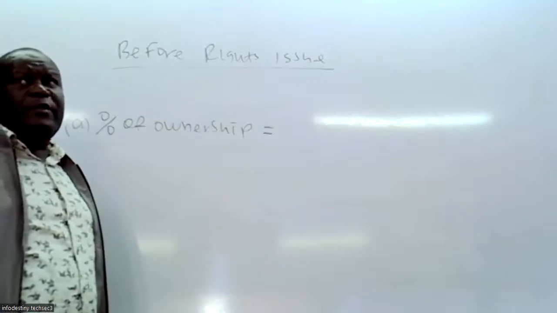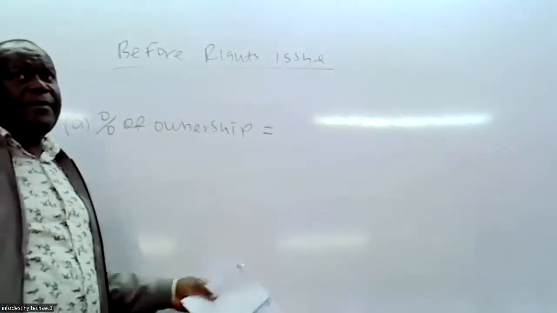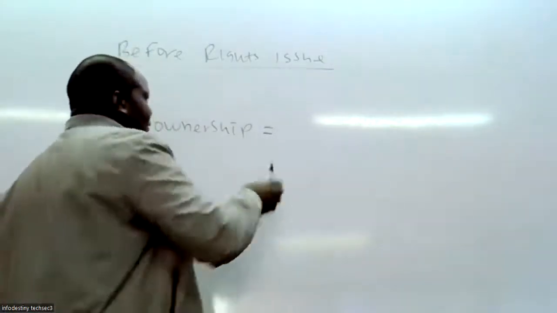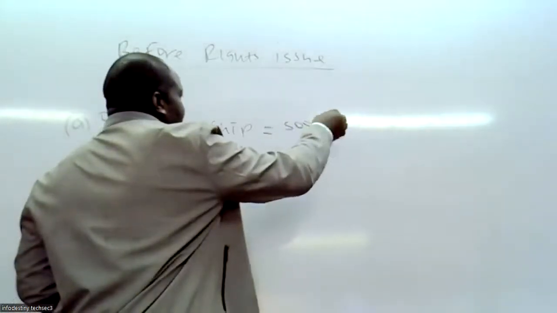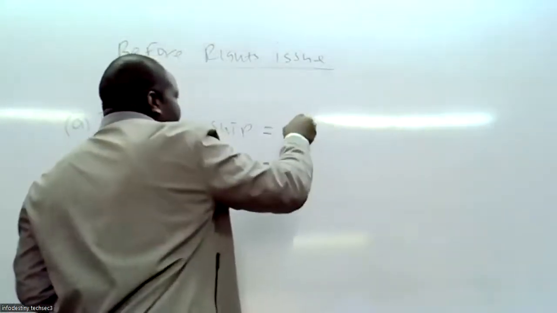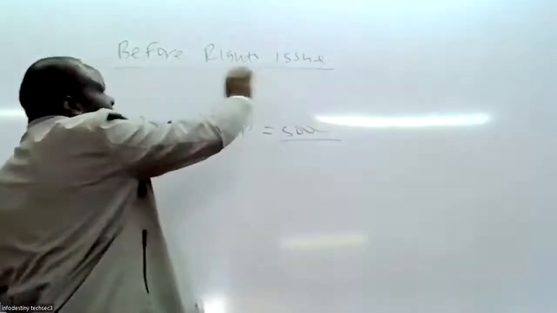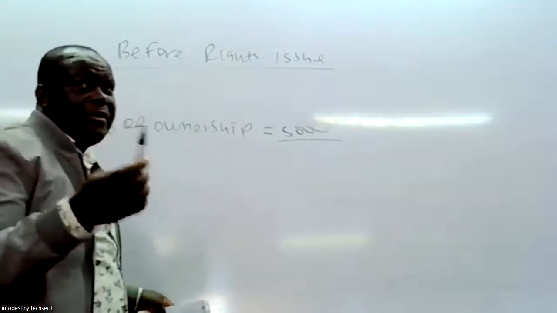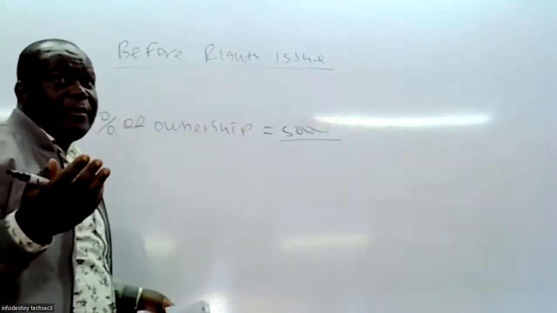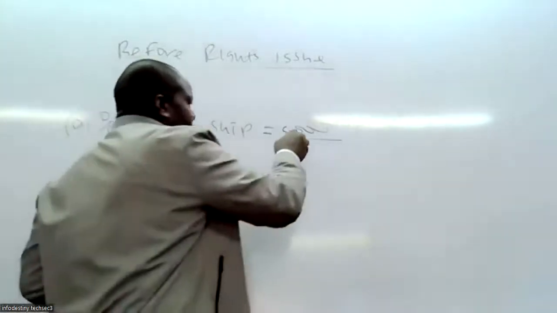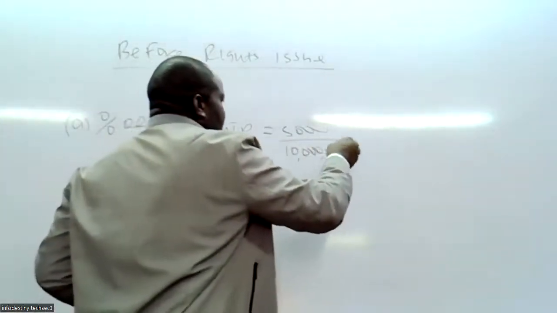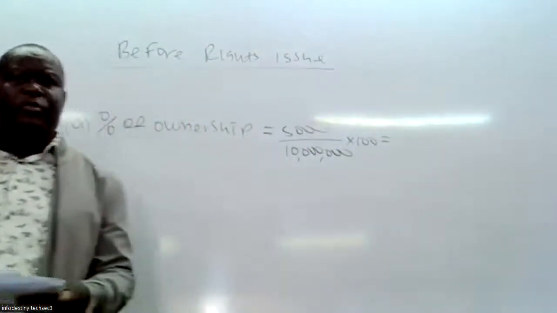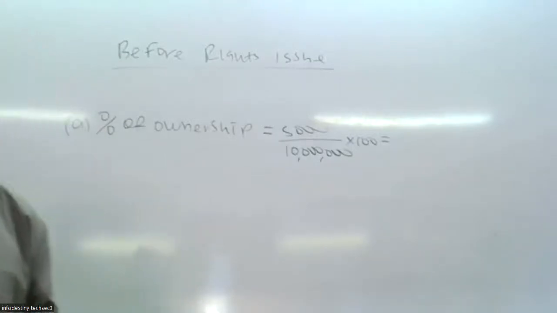For the percentage of ownership, we have seen we own how many shares. Before the rights issue, it is 5,000. So it is 5,000 divided by 10 million, because the number of shares for the company before the rights issue was 10 million. So what was his percentage of ownership?